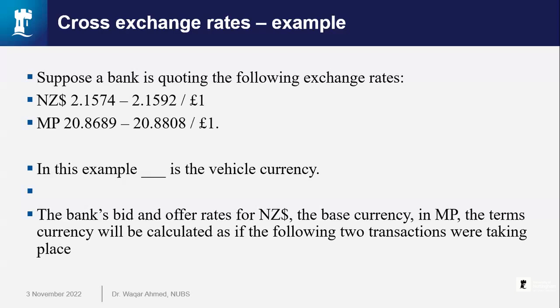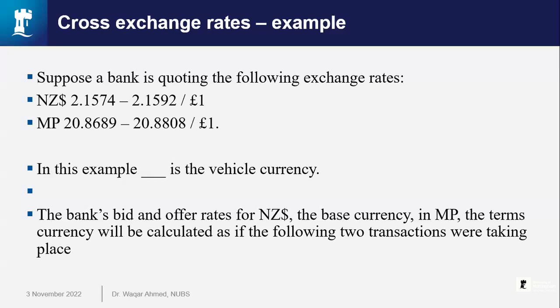So the bank's bid and offer rates for New Zealand dollars, the base currency, in Mexican pesos, the terms currency, will be calculated as if the following two transactions were taking place.